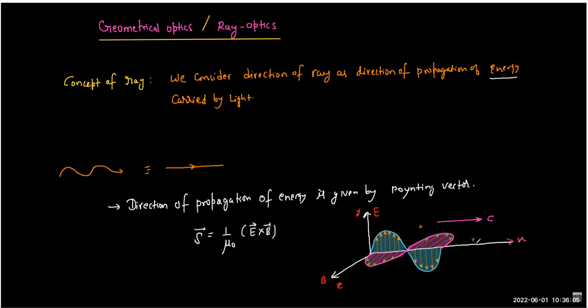For example, if the light ray is hitting a subatomic particle, let's say an electron, the entire consideration of a ray will be wrong, because the object which the light is facing is not large compared to the wavelength of light. You may call this the application domain of ray optics.